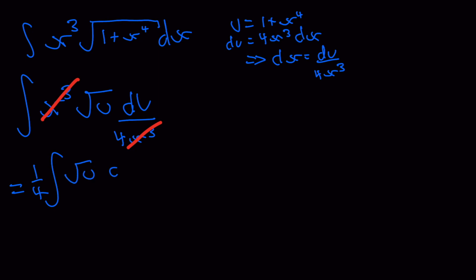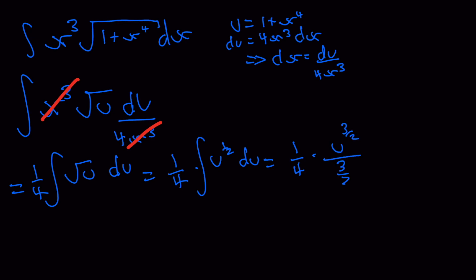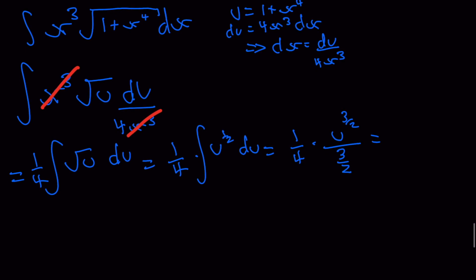Now it's just 1/4 square root u, which we're going to have 1/4 times u to the 1/2 du, which is going to equal 1/4 times u to the 3/2 over the 3/2, which is just going to equal 1 times 2, because this gets brought up to the top because it's a complex fraction. 1 times 2 over 4 times 3 u to the 3/2.